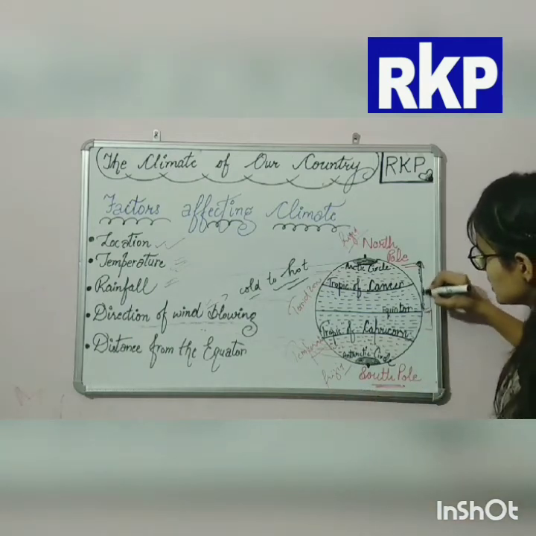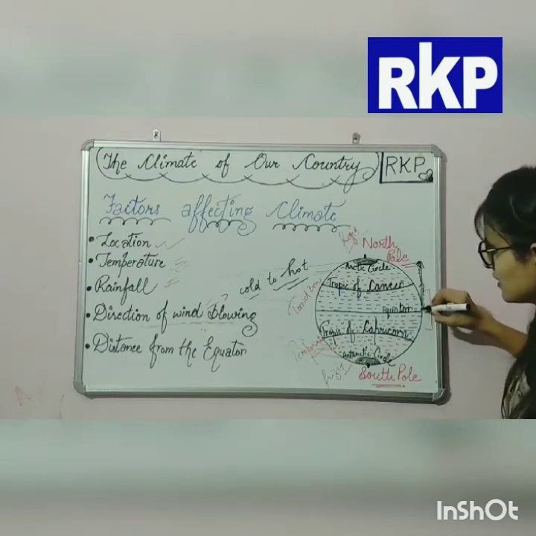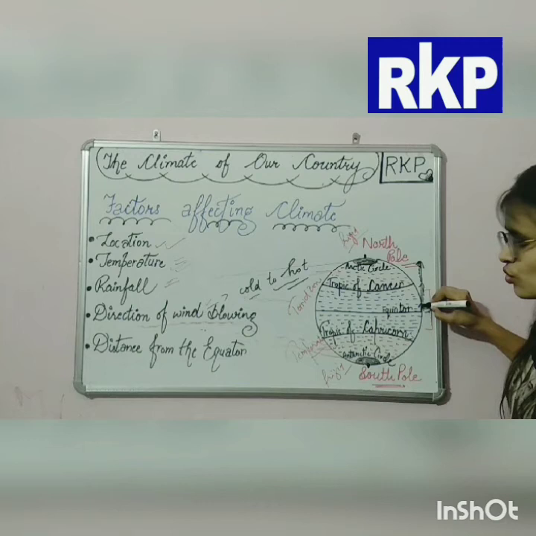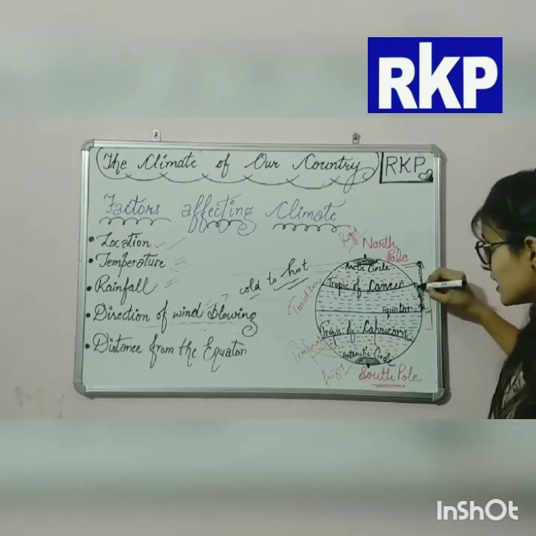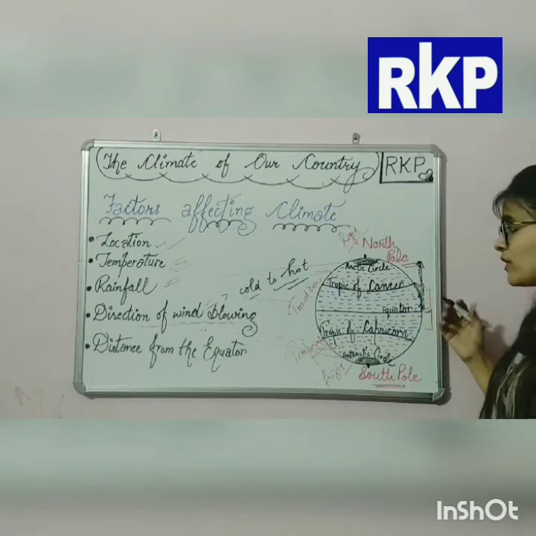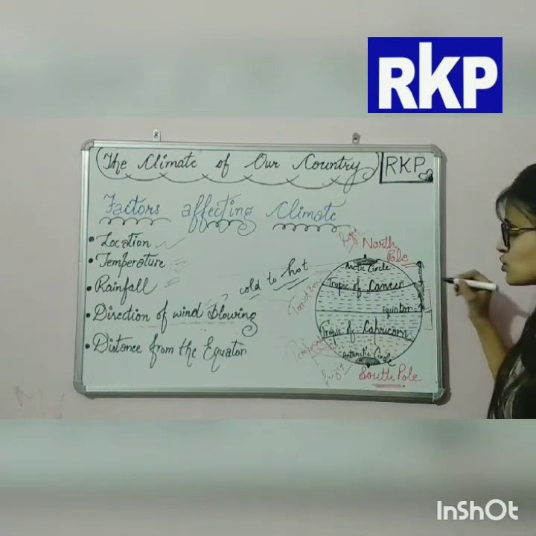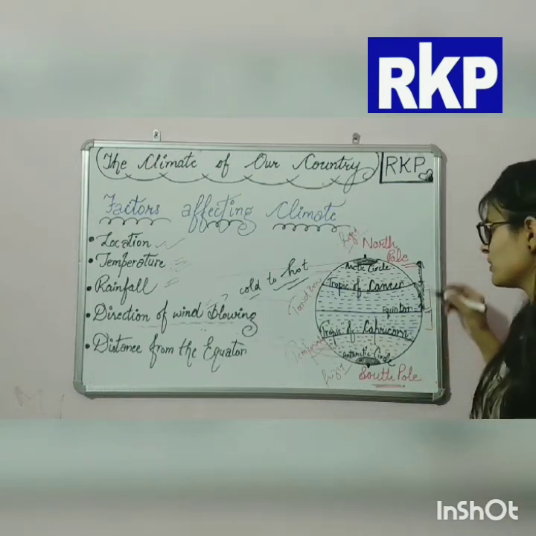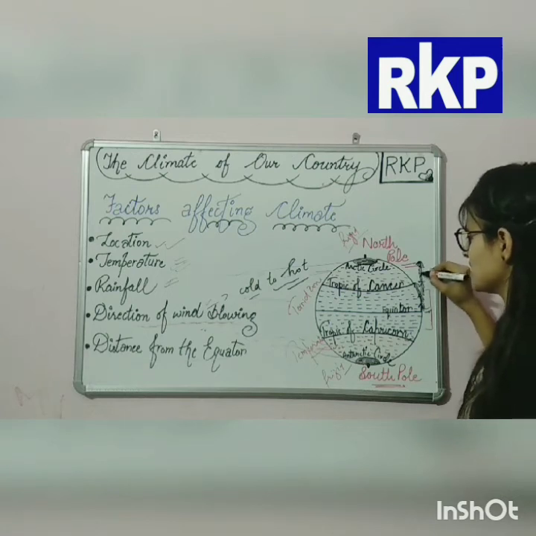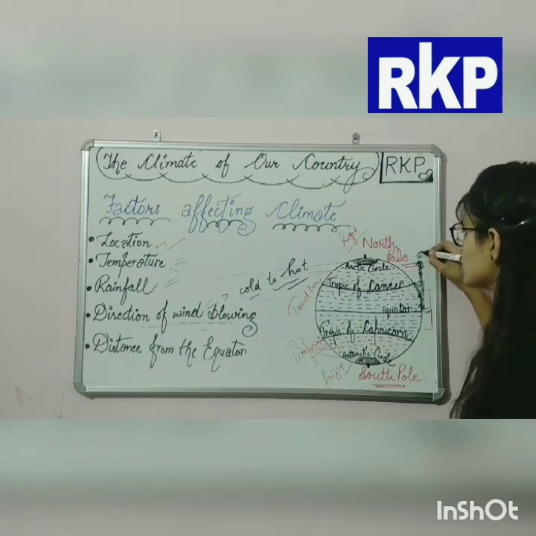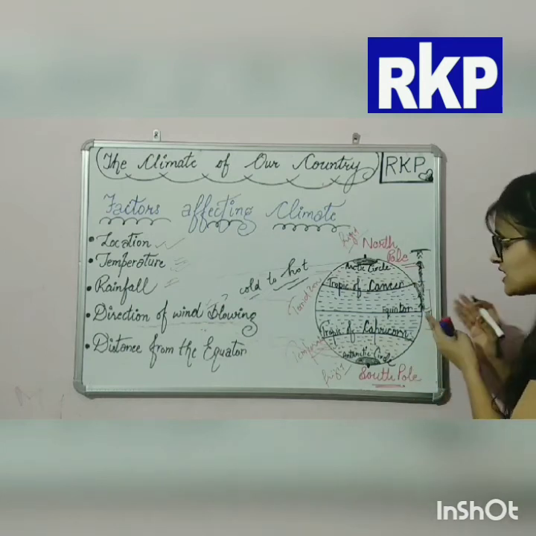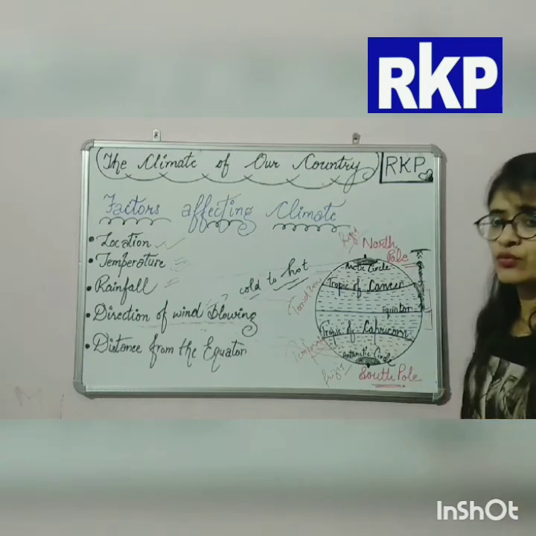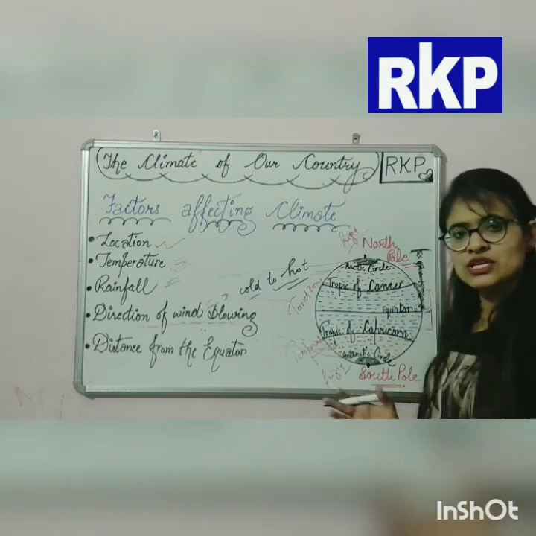If we are going till here, the climate is so hot, then less hot, then less, then again going upwards, not so much cold, not so much hot. Going up like this, here it is cold, cold, so much cold and permanent ice. It means that as far as we go from the equator, the climate is changing.